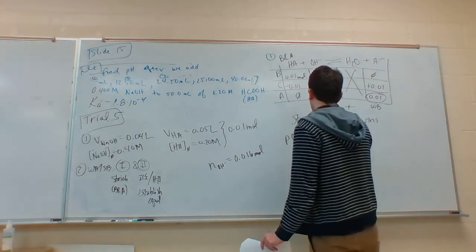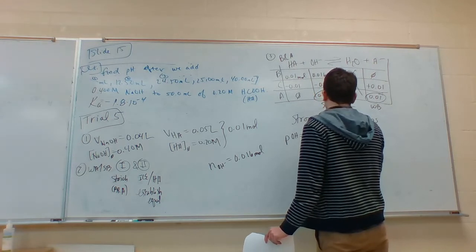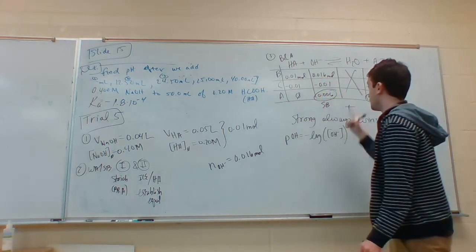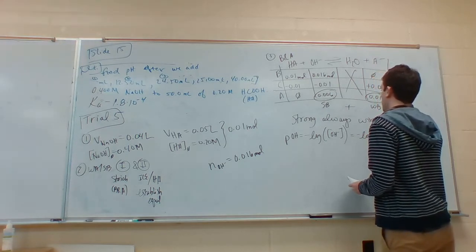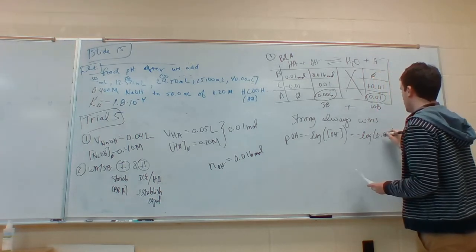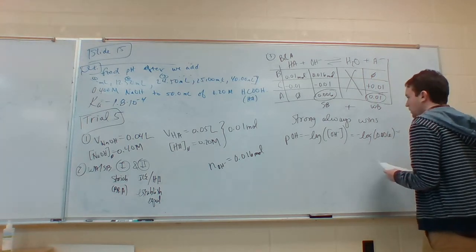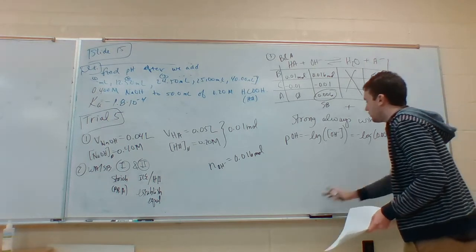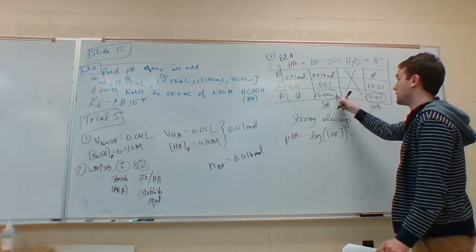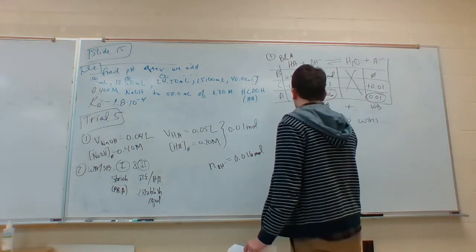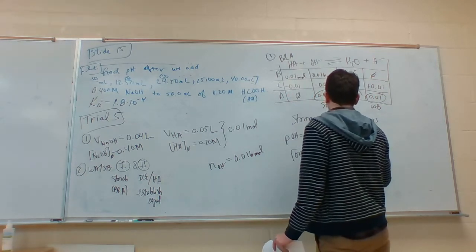So that means that this is going to be the negative log of our concentration of OH minus, which we have. So that's going to be the negative log of 0.006, which in this case, oh, that's not right. And why isn't that right? Because these are moles. So we actually need to calculate our concentration of OH minus, which is equal to 0.006 moles.